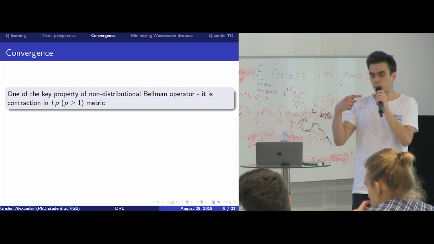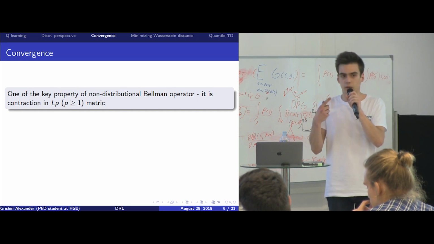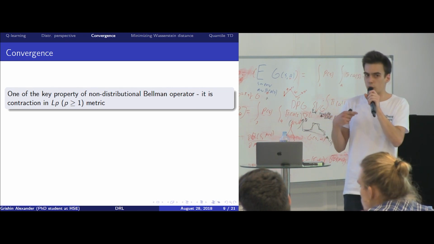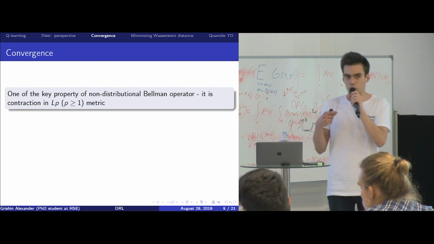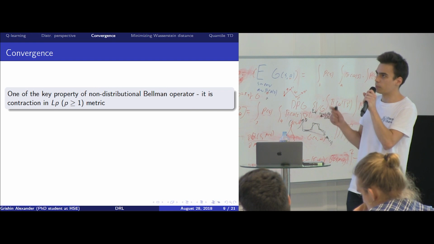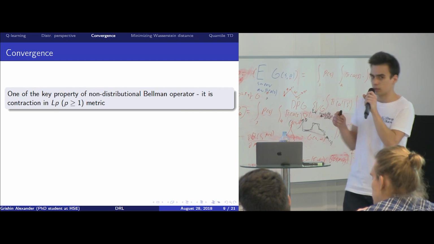So if we repeatedly apply the non-distributional Bellman operator, from the fixed point theorem we eventually converge to the unique fixed point. It's a very important thing.